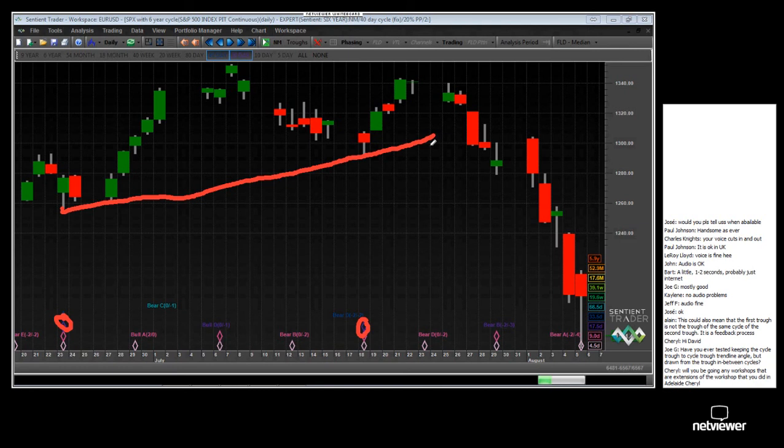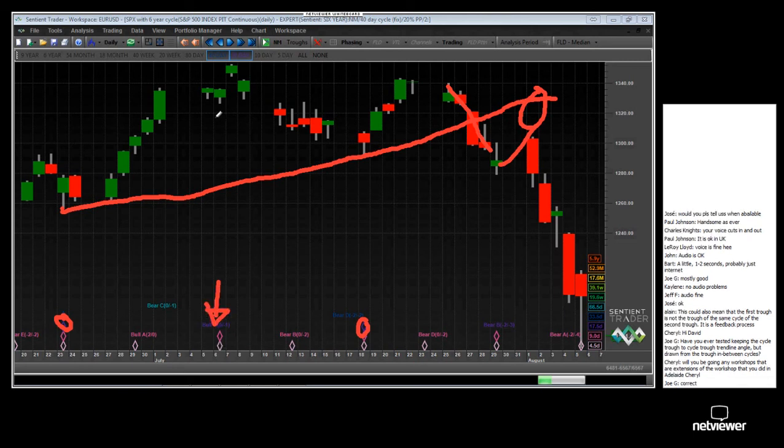Let me draw, using the whiteboard, a valid trend line of the 20-day cycle, connecting this trough to that trough. So if I connect that, then price often falls down. It comes almost back up to there.